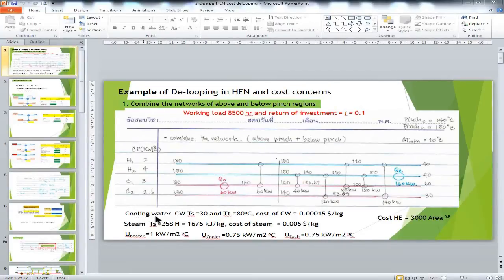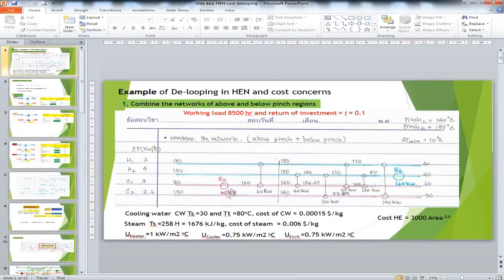In this case, the cooling water used here will have a supply temperature of 30 degrees Celsius and a target not greater than 80 degrees Celsius, with the cost of cooling water of about $0.00015 a kilogram of cooling water.